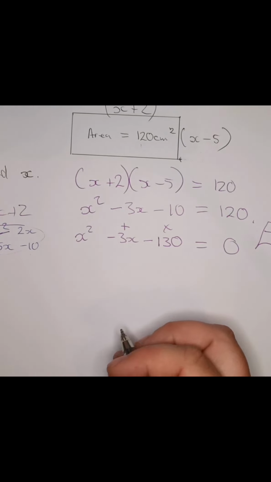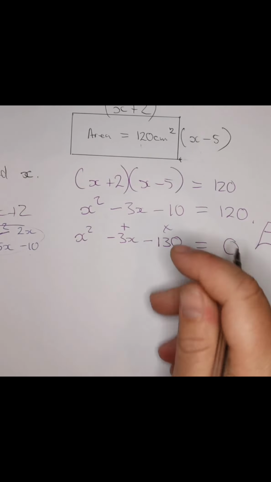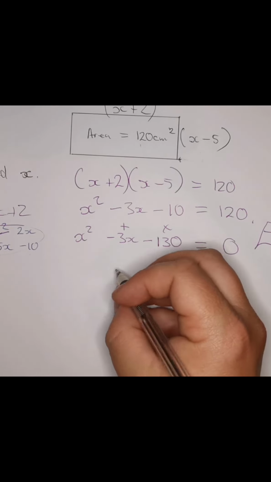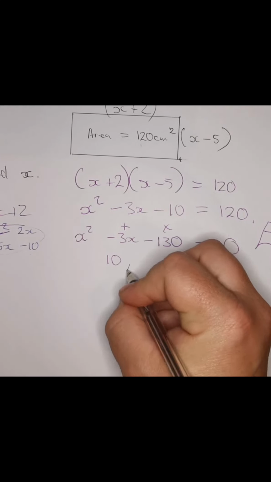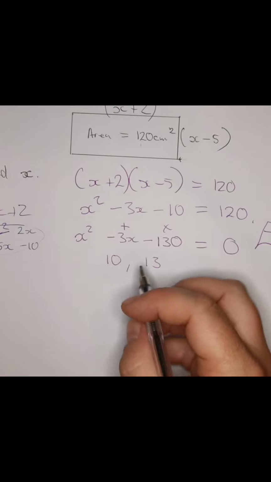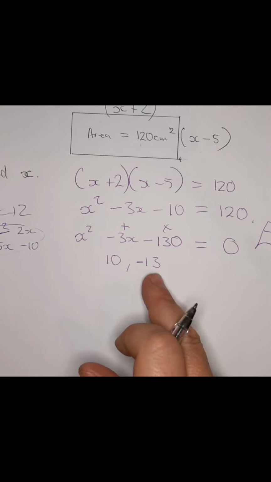So straight away I'm thinking about factors of 130, numbers that go into it with a difference of 3. So I think 10 and 13 have got a difference of 3. I want my number to be negative, so I'm going to need more negatives, so I think it's going to be minus 13.